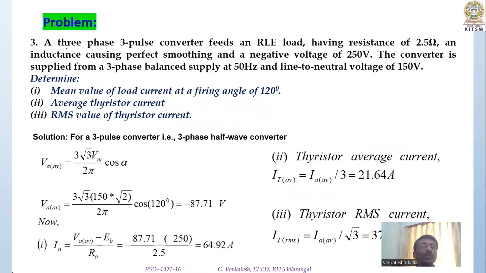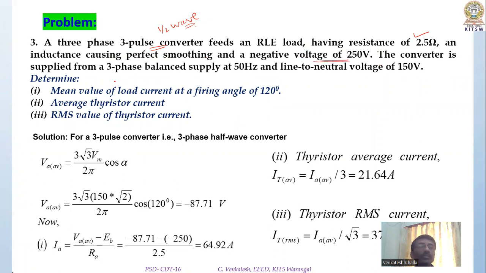One more problem. A three-phase, three-pulse converter. Three-pulse means it is a half-wave rectifier. Okay. A three-pulse half-wave rectifier feeds an RLE load having resistance of 2.5 ohms. Okay, this is the armature resistance of the motor, and inductance causing perfect smoothing, and a negative voltage of 250 volts.